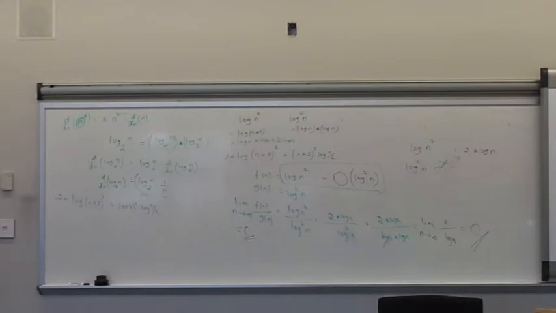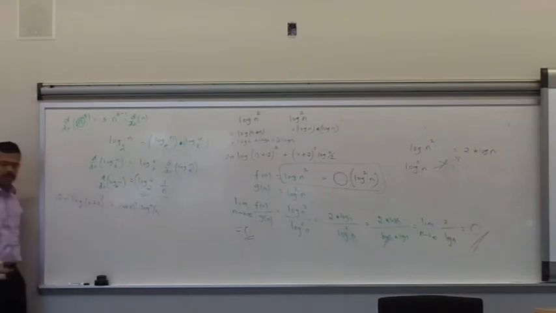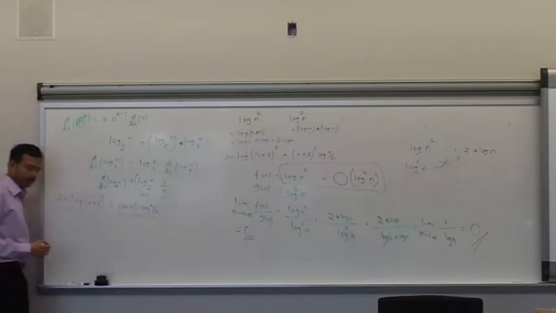I want to use term-by-term simplification, write each as a theta term, and then simplify the whole expression. So I want to simplify this, then simplify this, and then combine it.